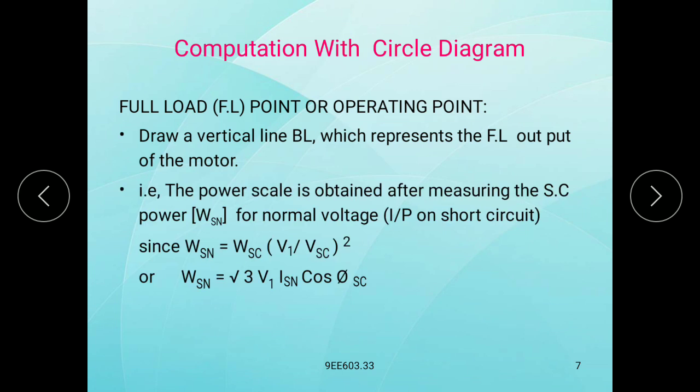And next, the power scale is obtained after measuring the short circuit power for normal voltage input on short circuit, since WSN is equal to WSC times V1 by VSC all squared. WSN is equal to root 3 V1 ISN cos phi s.